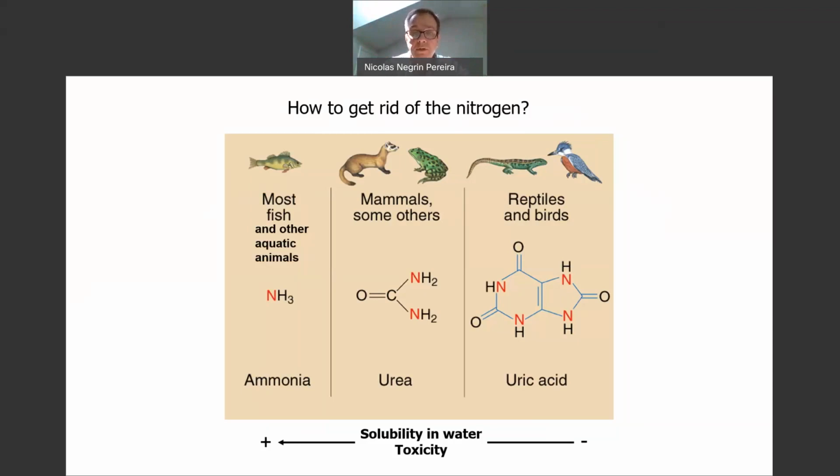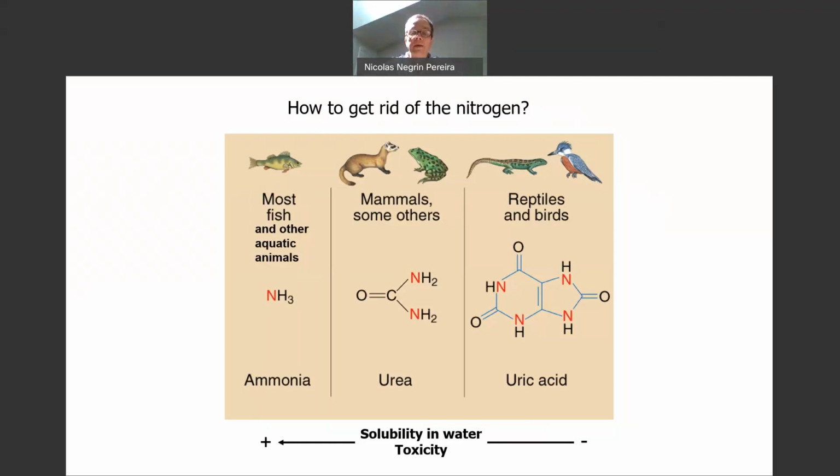Mammals, like us, and other animals produce urea, which represents an intermediate state in terms of toxicity. Then, of course, we need to get rid of that urea, and we'll see how.